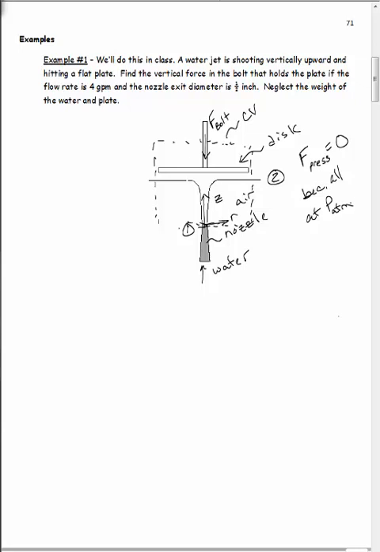Some of our assumptions: we want to use the basic ones that we saw before: steady state, incompressible. We're going to use average velocity because we aren't given a velocity profile. And it says right here, neglect the weight of the water and the plate, so we'll neglect gravity.